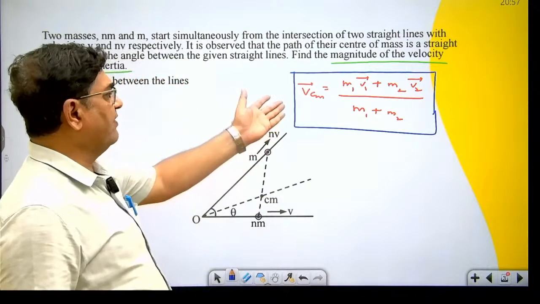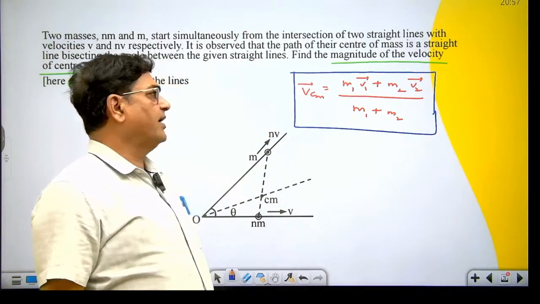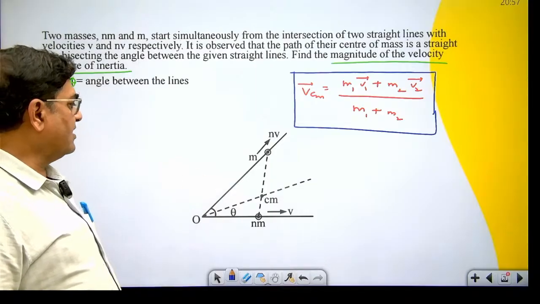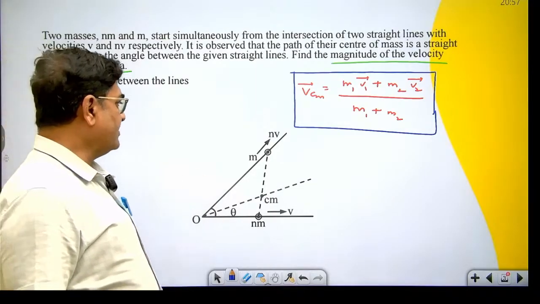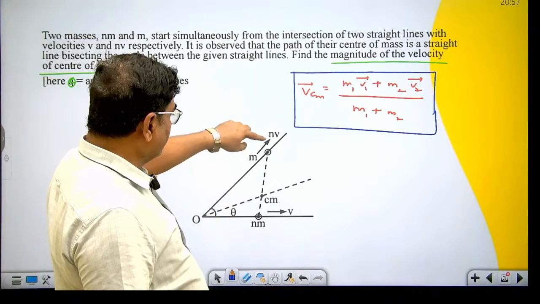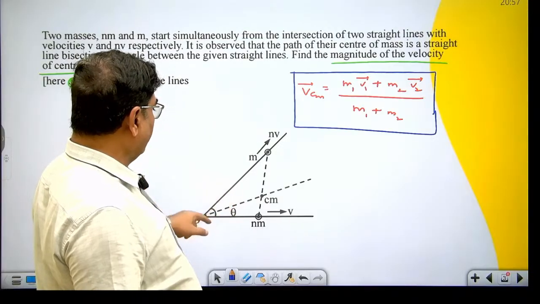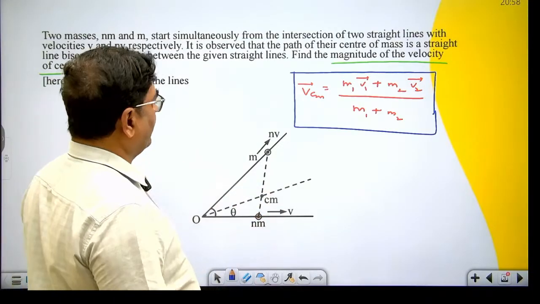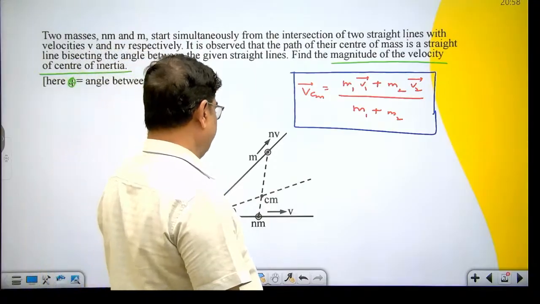In the x direction we will write the component in the x direction, in the y direction we will write the component in the y direction. So let's start writing in the x direction. The component of this velocity in the x direction is nv cos theta, and in the y direction this is nv sin theta. So without making components we can solve the problem very easily.